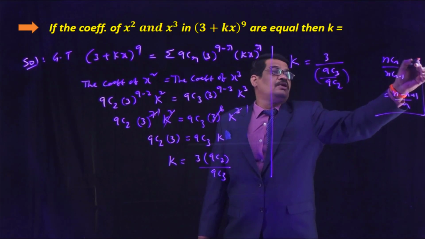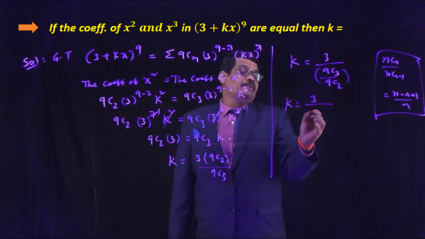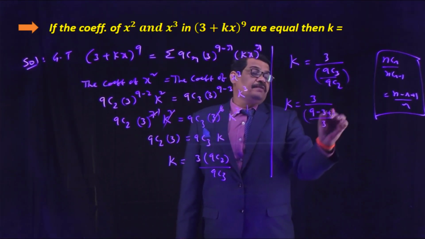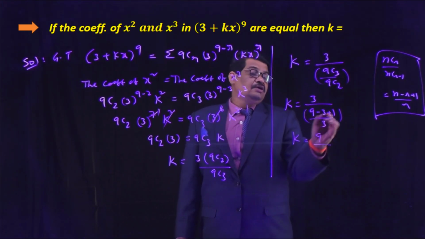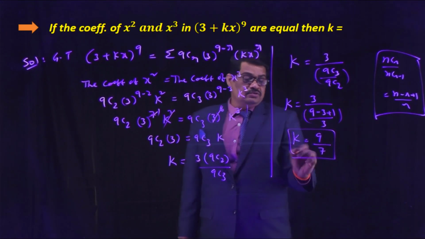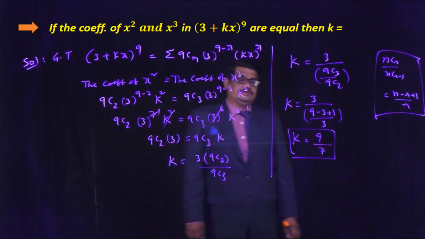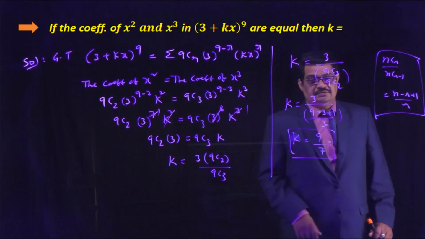Using this formula, k is equal to 3 by (n minus r plus 1) by r. That is k is equal to 3 into 3, 9, by here 10 minus 3, that is 7. Here k is equal to 9 by 7. Okay, so here k is 9 by 7. That is the answer.